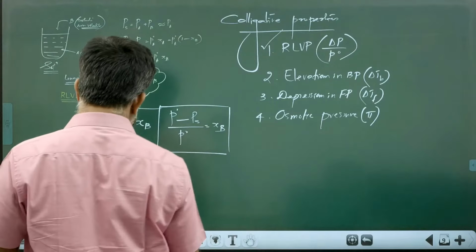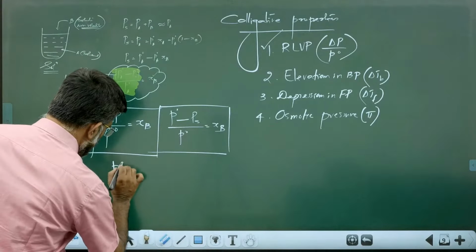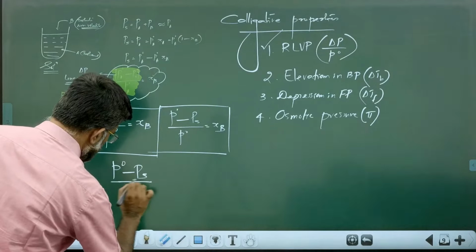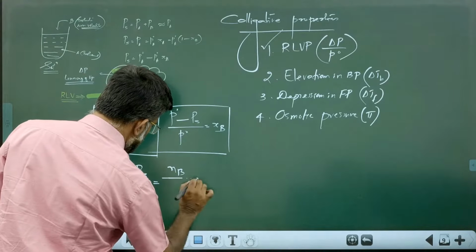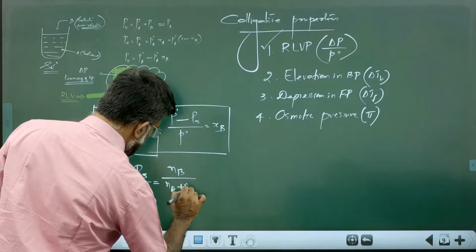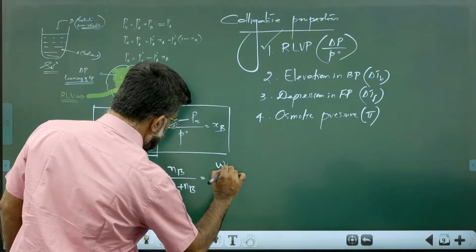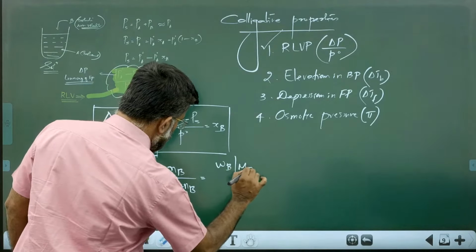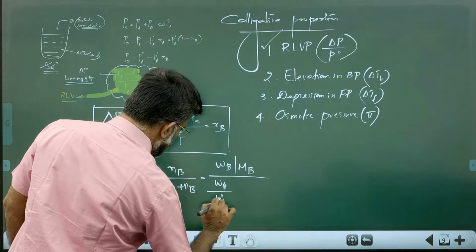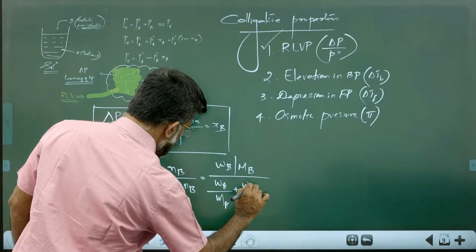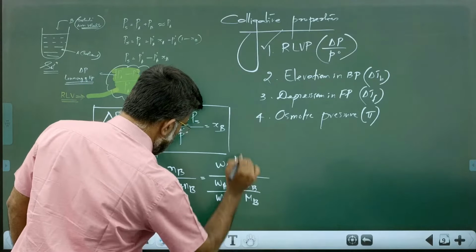How can it be calculated? P naught minus PS by P naught equal to NB by NA plus NB, that is WB by MB divided by WA by MA plus WB by MB.